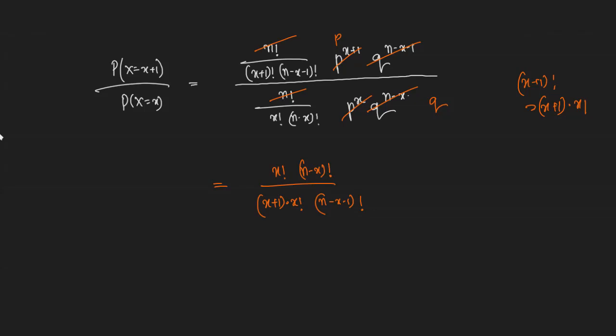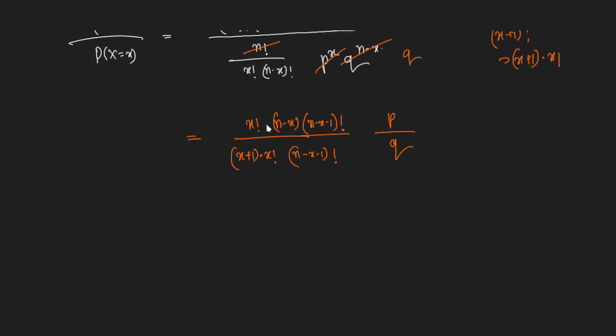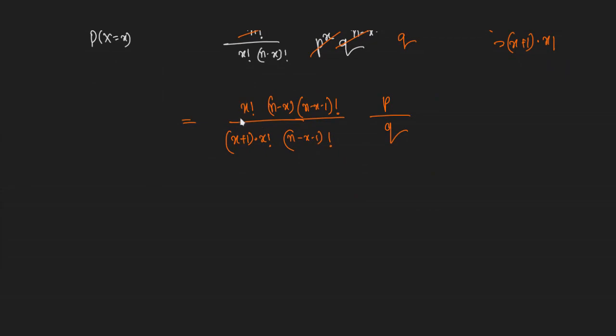You can simplify it. What remains: p in the numerator, q in the denominator. So x factorial cancels, n minus x minus 1 factorial cancels against n minus x factorial, leaving n minus x over x plus 1 times p over q.